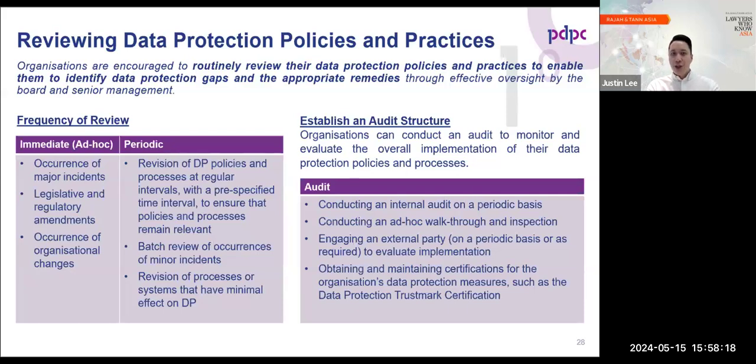It can be helpful to establish an audit structure. So this can be internal or external audits. I think obviously you'll do internal audits more frequently than external audits. But this is the structure that you can put in place to effectively monitor and evaluate how you've implemented your data protection policies and practices.